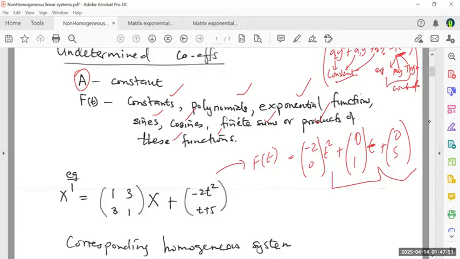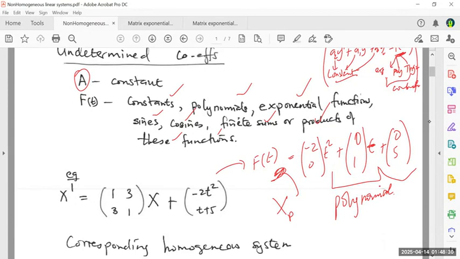It's a vector with quadratic terms. So we can expand f of t and write it like that. And our worry is how do we determine the particular solution xp given the form of f of t?